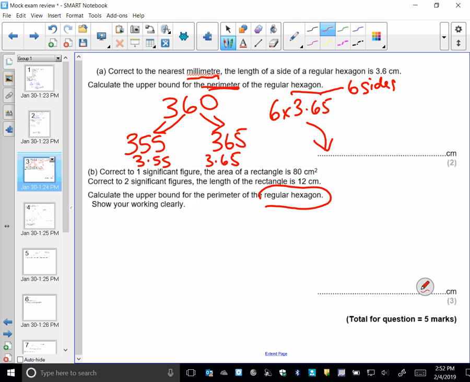Wait, so is it not just a rectangle? Okay, let's pretend it's a rectangle then. But what if we don't know? Listen! It's not going to talk about rectangles and then talk about a hexagon. It's just a typo.